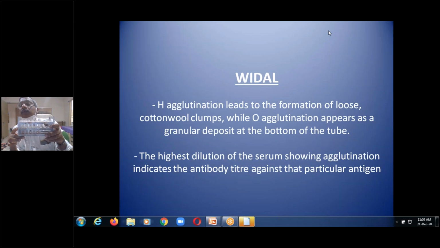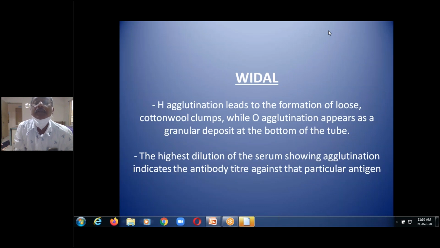In the Widal test, we are going to detect the antibodies or agglutinins of Salmonella typhi, Salmonella paratyphi A, and Salmonella paratyphi B. Here, how do we interpret the result? The highest dilution of the serum showing agglutination indicates the antibody titer.